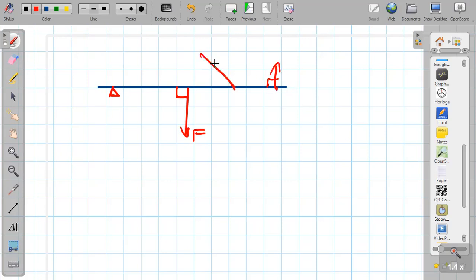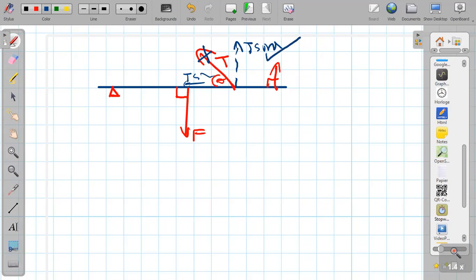If we get any other component, like tension T at angle theta, I can't just use T. What do I have to do? I have to resolve this and get this one as T sine theta, and this one as T cos theta, not T. Understand?